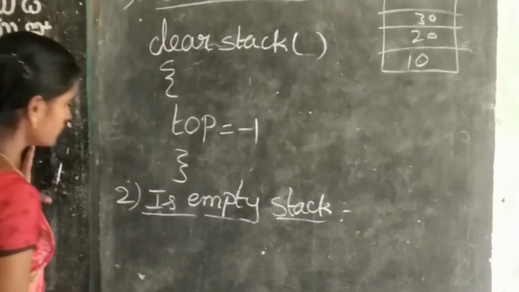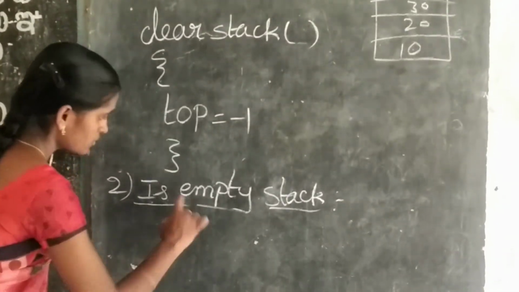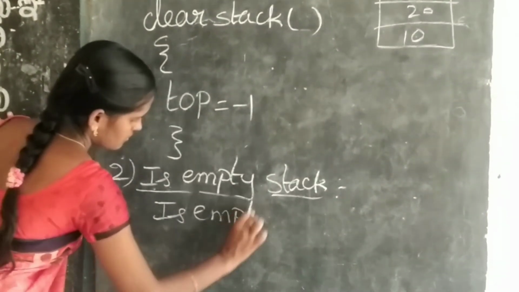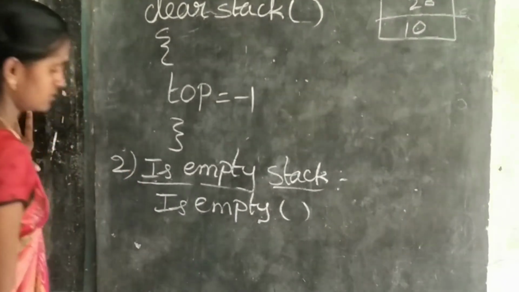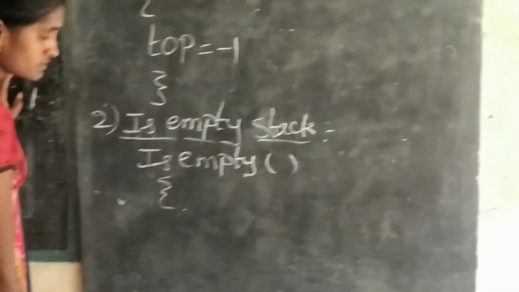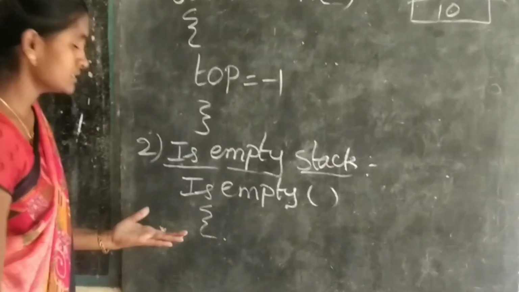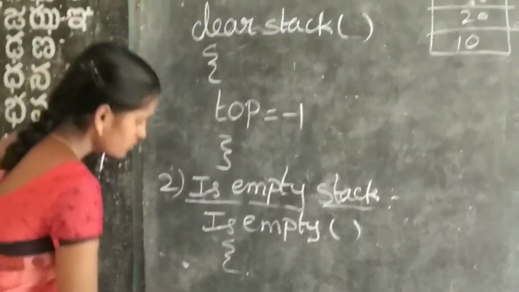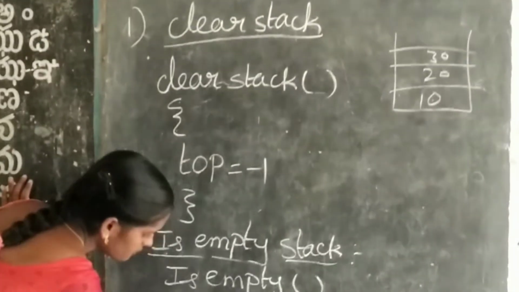First of all, we use the is empty method. In this is empty method, first we want to check whether the stack is empty or not. That's why we take an if statement.